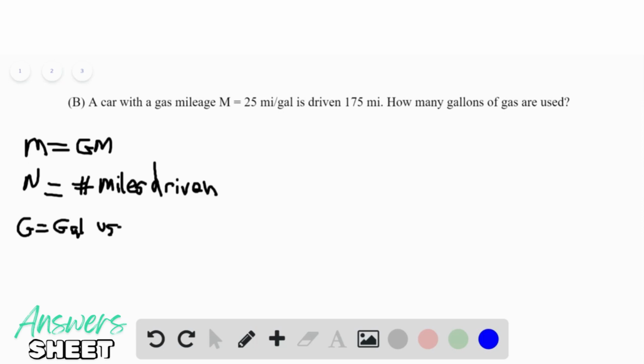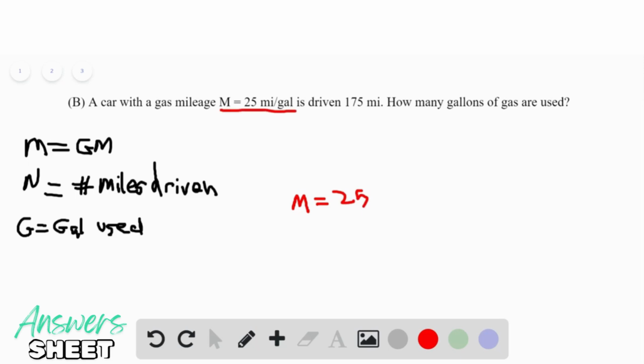All right. Now that we reiterated our variables, now we can solve this problem. So what is our M and what is our equation? So we know that the M, our gas mileage, equals 25. And we know this because of up here. It's in our problem. And what is our miles driven?